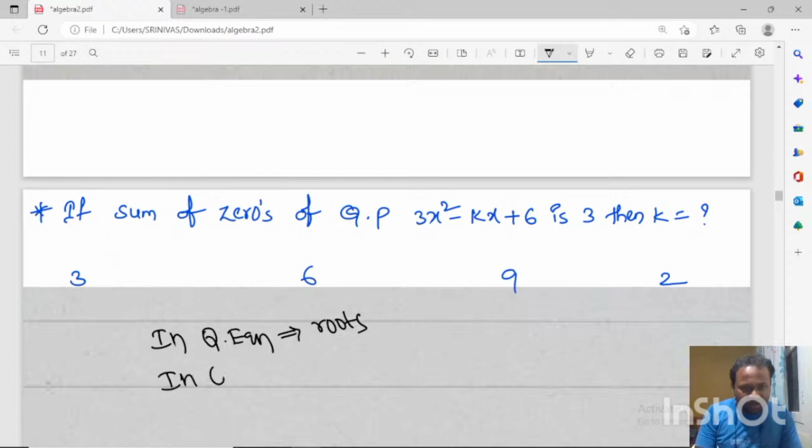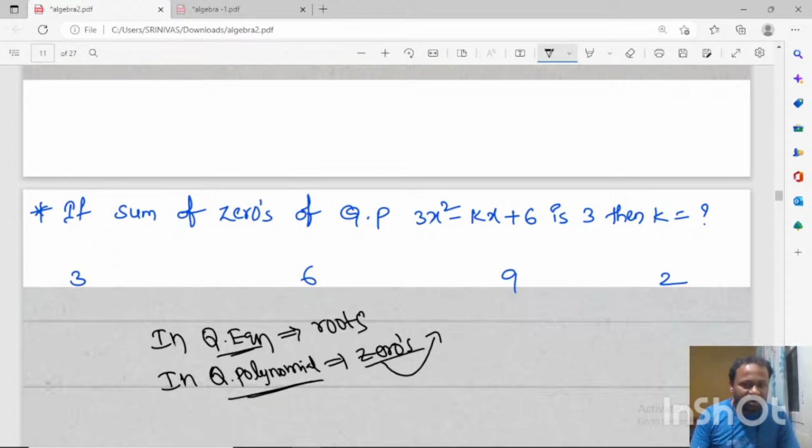In a quadratic polynomial we say zeros. Zeros are nothing but the values which we are going to substitute. Okay, so in a quadratic equation we will call them roots. In a quadratic polynomial we will call them zeros. Understood?